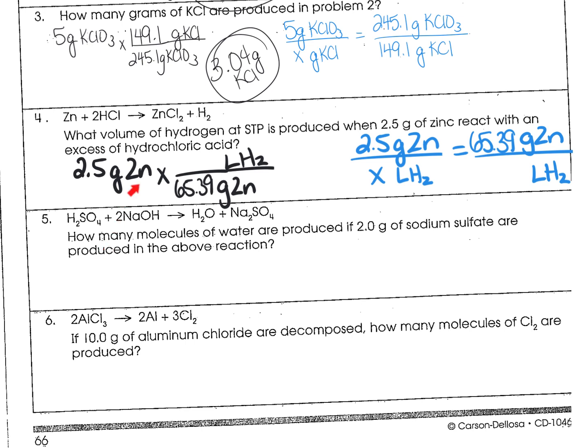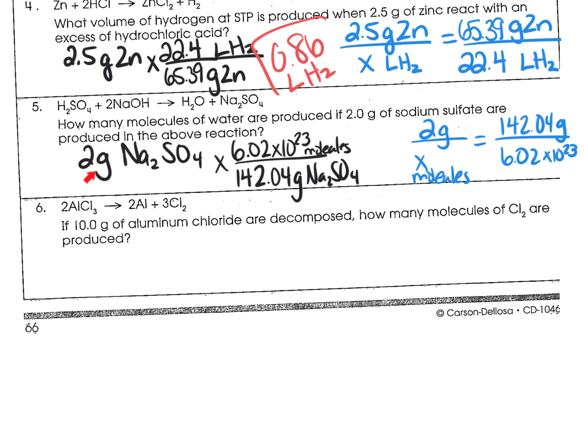Now, if I look at hydrogen, hydrogen also does not have a coefficient in front of it. 1 mole of any gas is 22.4 liters. So since I just have 1 mole of it, that is how many liters of hydrogen. I solve for my x, and my answer for problem number 4 should be 0.86 liters of H2.